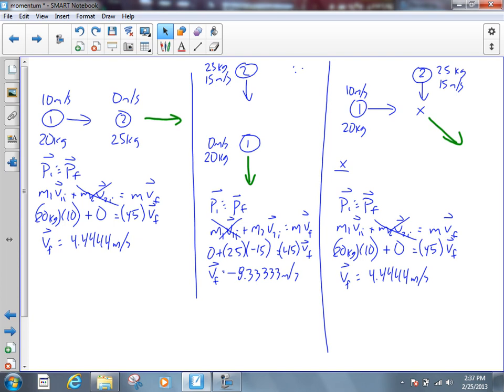Dylan? Because object 1 has the same givens as in the first problem. Okay, but object 2 doesn't, right? Object 1 does have the same givens as in the first problem, but object number 2 doesn't. Okay, keep going. However, both objects still stick together. Right? You're right, they do stick together, but how do we justify the fact that in question number 3, object number 2 is moving, in question number 1 it isn't moving, yet we're doing the exact same thing?